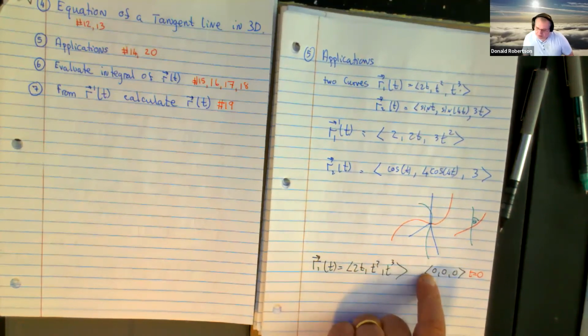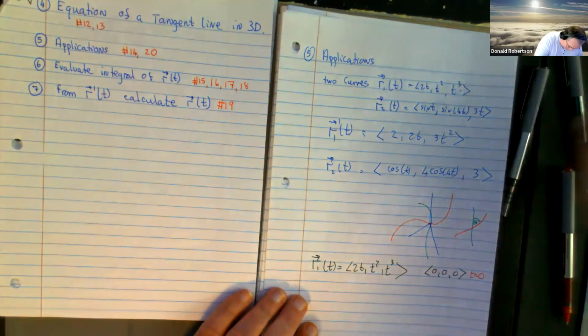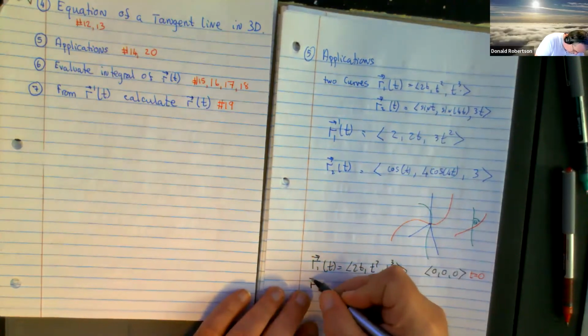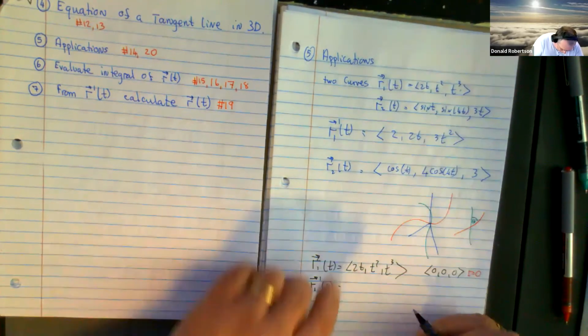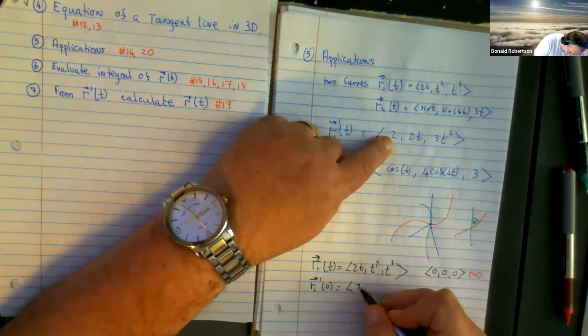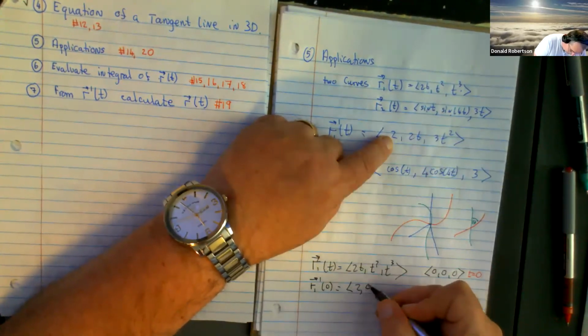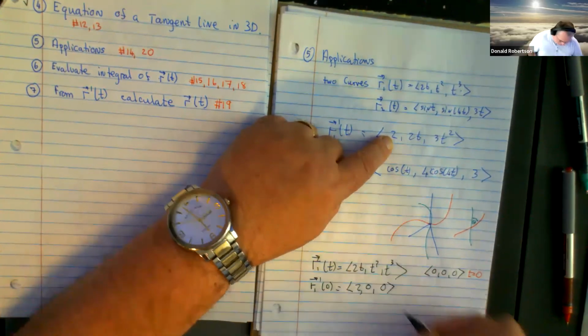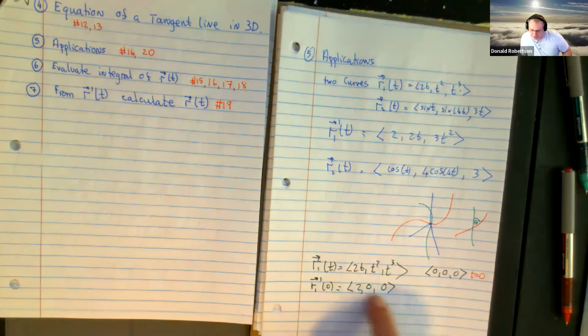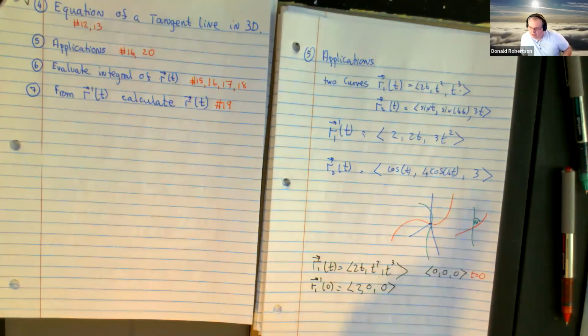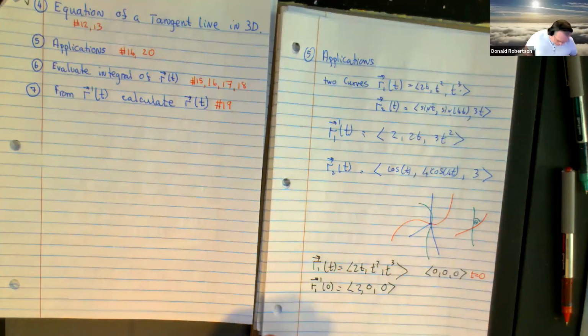Now, I can find what the derivative is at 0. Well, the derivative function is 2 lots of nothing, 3 lots of nothing. So that's what the vector for the derivative looks like on the first curve when it gets to the origin. Basically, it's shooting along the x-axis, and that's it.